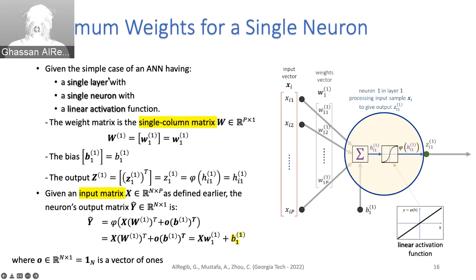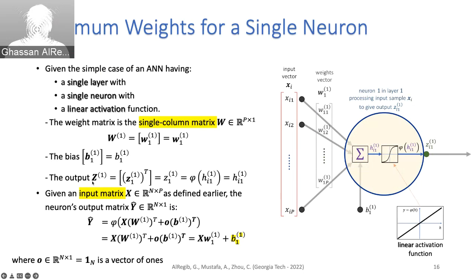Okay, for a simple case, single layer, single neuron, linear activation function, then we can really, the matrix W, because remember, what the difference in here, when you look at the model, your matrix W has all those weights, right? But now we are just making it very simple, and that weight matrix becomes a simple vector here, right? A column vector, we call it a single column matrix. Okay, so this is the bias.